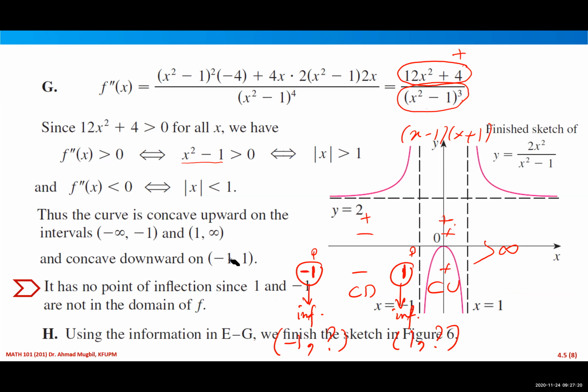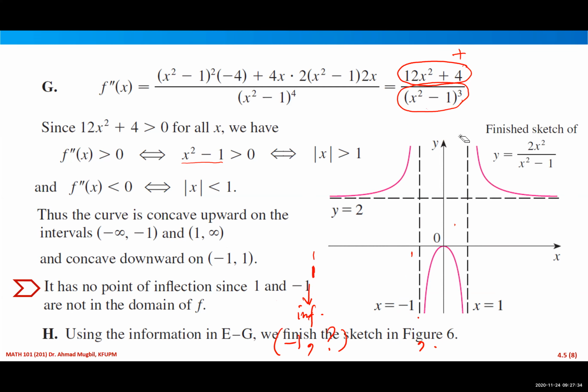If we summarize, ya shabab, all that we have gathered until now, look what we have. This is our graph. As expected, by the way, from the beginning. But you always need to check what you have done.